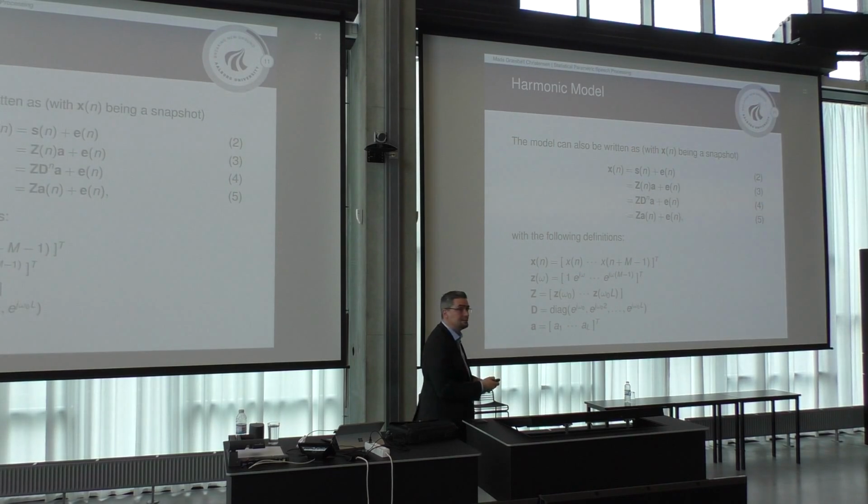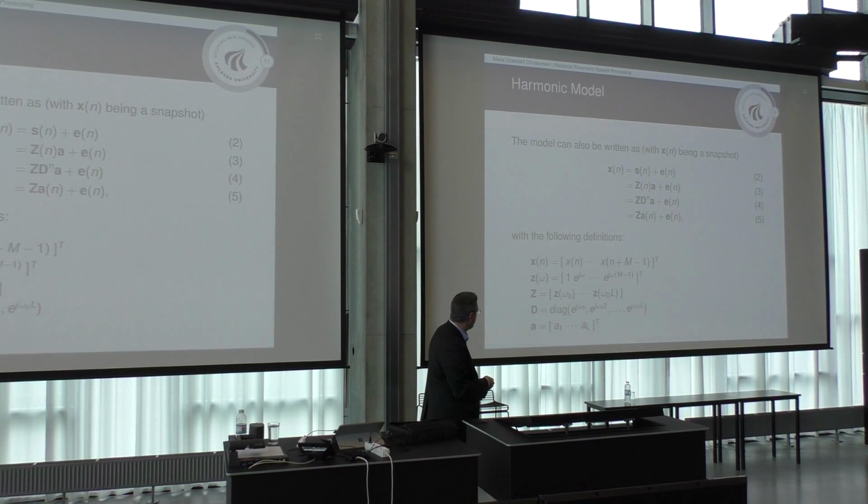We can also write this in matrix-vector notation, except that we define an x here with M samples in it, like this. We do the same for s and e. And then we can describe the part that's s here as a matrix Z here, whose columns are these Z of omega vectors. So these are basically complex exponential functions, one for each harmonic.